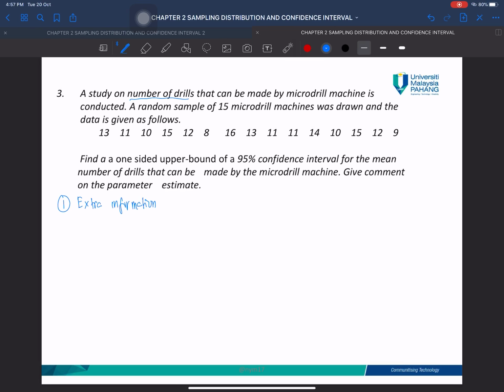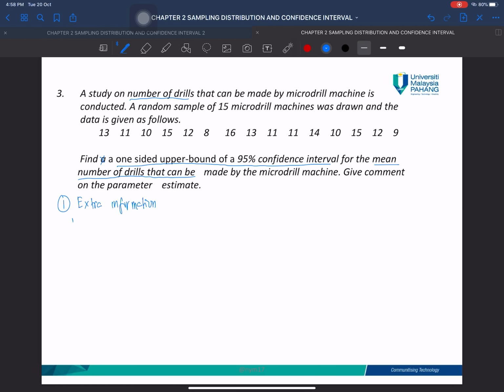I modified this question. It is about one-sided confidence interval. So find a one-sided upper bound of a 95% confidence interval for the mean number of drill that can be made by a micro drill machine. So give comment on the parameter estimate.